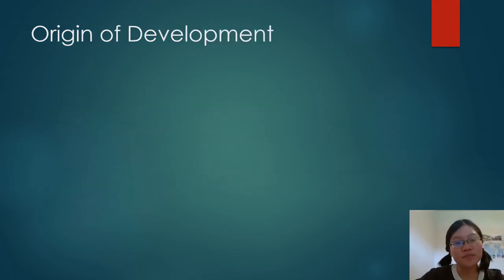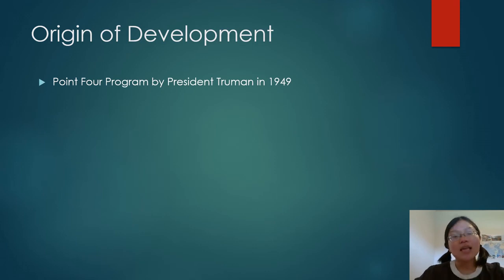So now I want to go a little bit to the origins of development. Many people would trace the original idea of development to President Truman's inaugural speech in 1949, which I asked you to listen to in the class reading. President Truman talked about the Point 4 program in this inaugural speech.